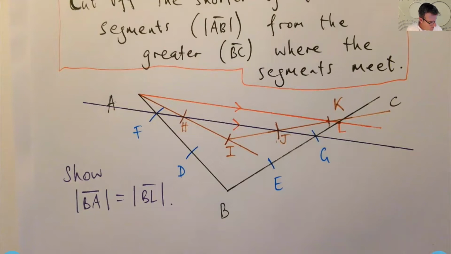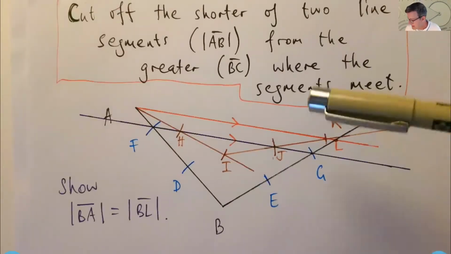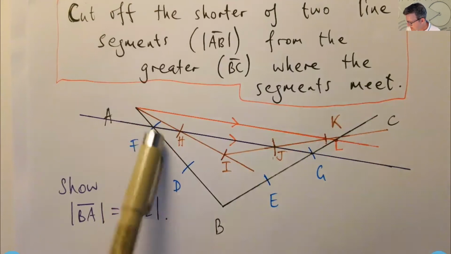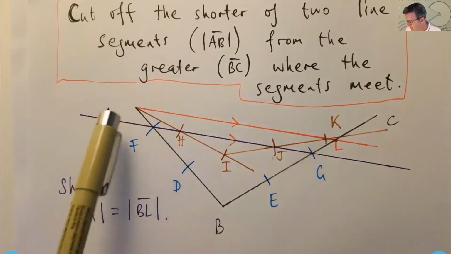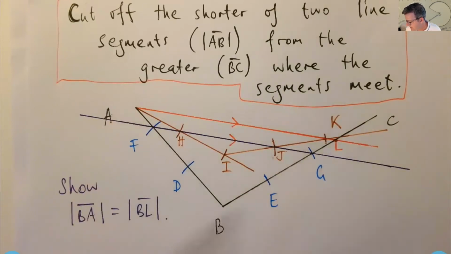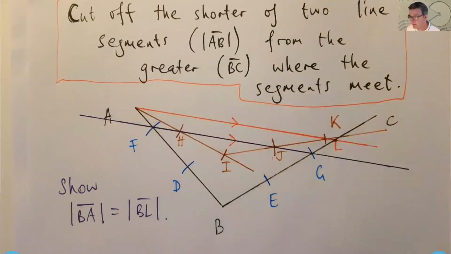If you've been watching my videos with the new tool, you'll notice that similar triangle arguments come up all the time. Okay, and so we're basically comparing this smaller triangle, say FBG, with a bigger triangle ABL, and we want to make some conclusions about the lengths, you know, this length and this length.